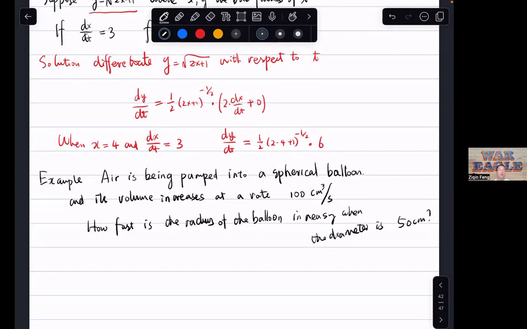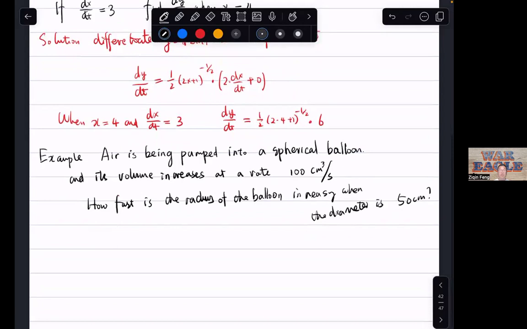We want to know, when the diameter is 50, which means the radius is 25, the rate of change of the radius. So there are two quantities: the radius and the volume. The volume is changing and we know its rate of change. We want the rate of change of the radius. Their relation is natural.